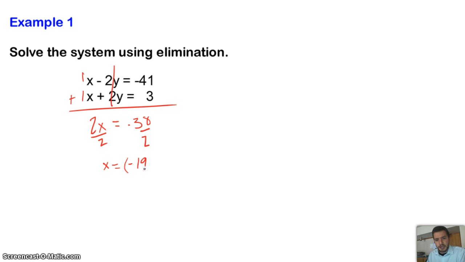Alright, so now I've got to take my value that I found and plug it back in. So I'm going to plug it into the top one. Again, it doesn't matter. You can plug it into either one. So it'll be negative 19 minus 2y equals negative 41. Solve for the 2y, so it'll be add 19.